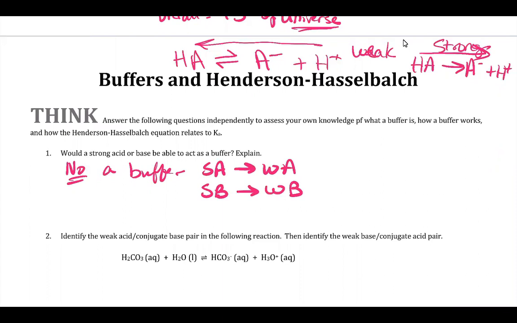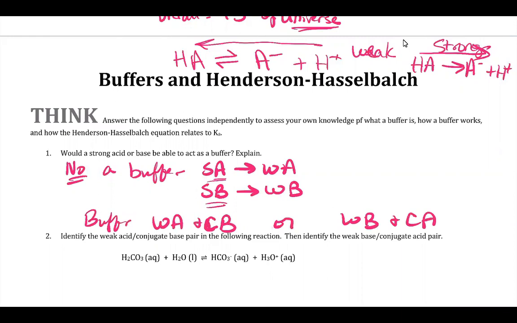So it has to have a buffering capacity for strong acids or strong bases that are added to the solution. So then by definition, what is a buffer? Well, a buffer must be a weak acid and its conjugate base, or a weak base and its conjugate acid.